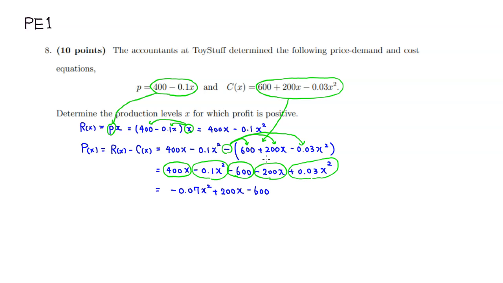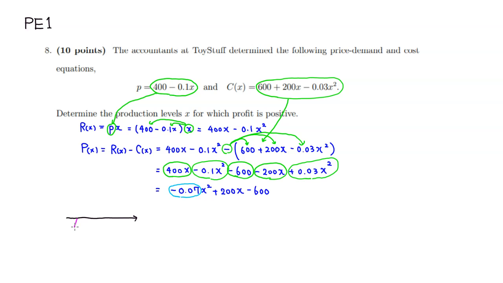Then what we want to do is make sure that this is positive. You can see that this is a quadratic function, so if you sketch a ballpark picture, it's going to be a parabola. The leading term is negative, which means the parabola is going to face down.